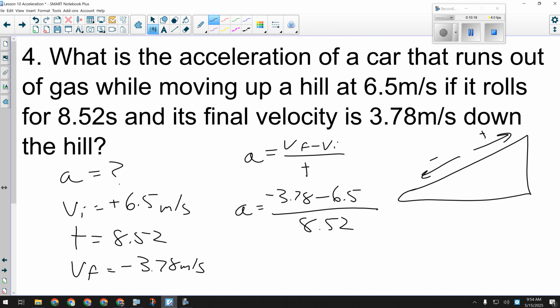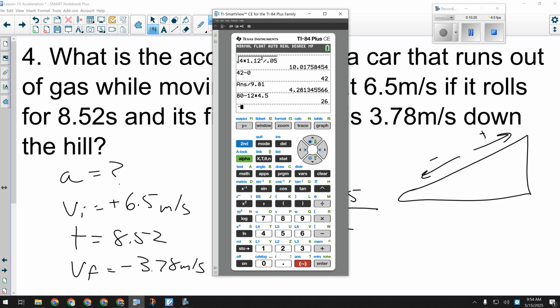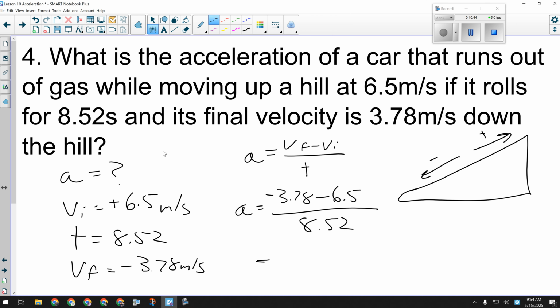So I'm going to have meters per second divided by seconds. That's going to give me meters per second squared. So negative 3.78 minus 6.5, hit the equal sign, then divide that by 8.52. So the acceleration of the car is 1.21 meters per second squared down the hill.